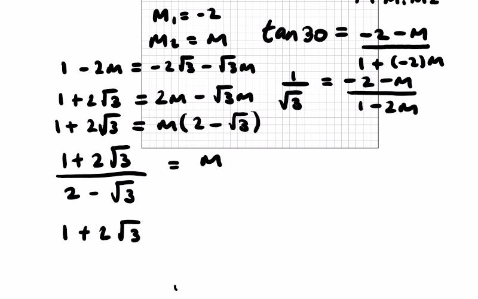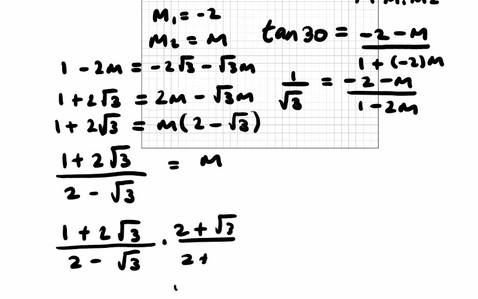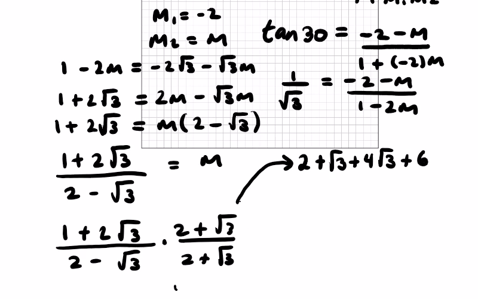What does the calculator give? You try it on a calculator while I'm multiplying by 2 plus root 3 over 2 plus root 3 to get rid of the surd on the bottom. On top, I'm going to get 2 plus root 3 plus 4 root 3 plus 6, 2 root 3 by root 3.